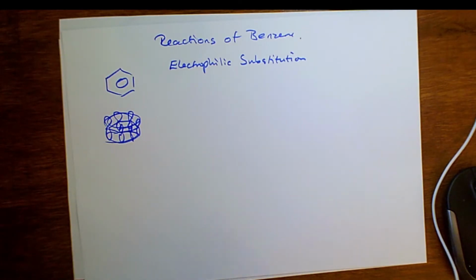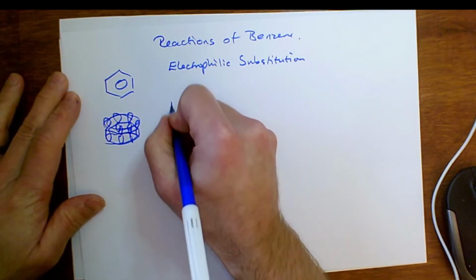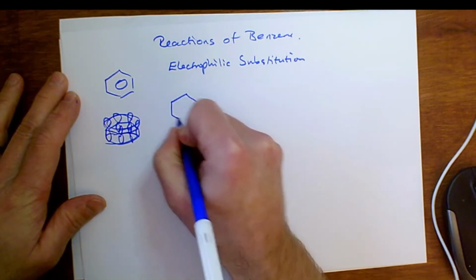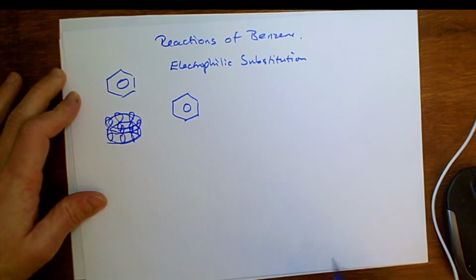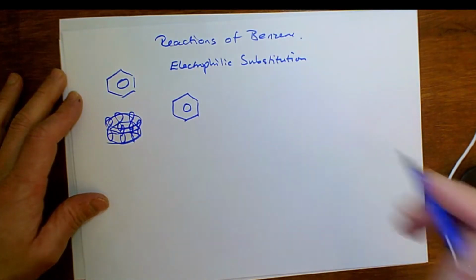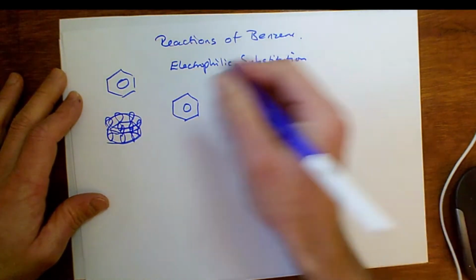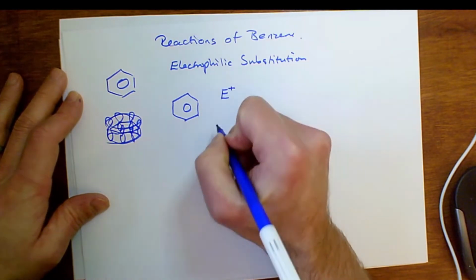Our options are limited. So I'm going to do a general mechanism, and there are a few tips, hints, things that we do need to worry about in the course of all this. So I think we'll just start with a general one. So let's start with E. It's an electrophile.